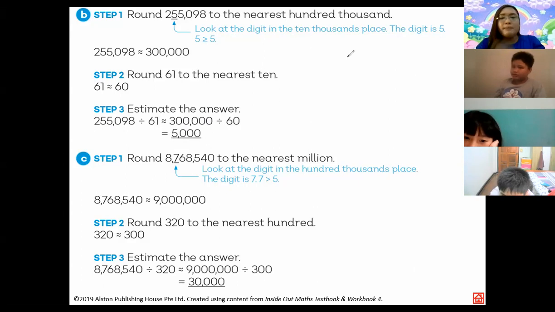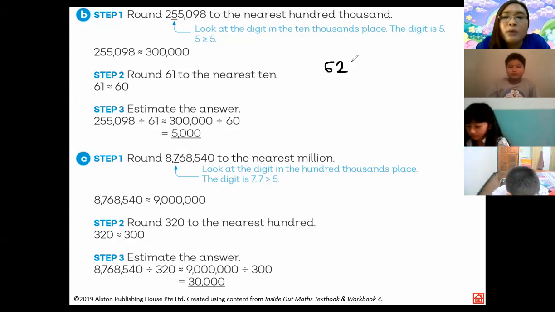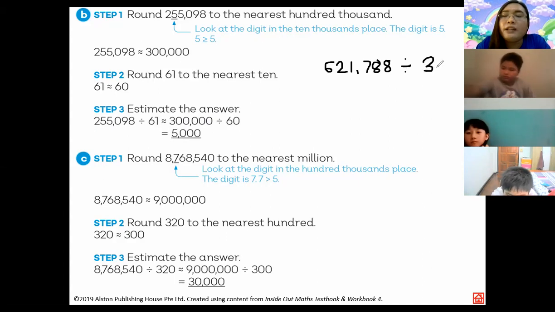What about this example, class? I have 621,788 divided by 34.